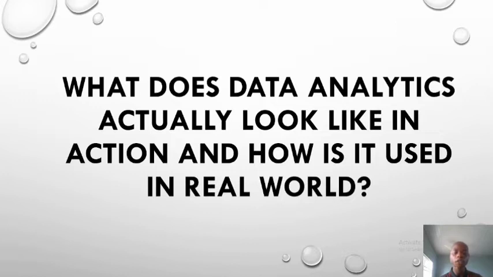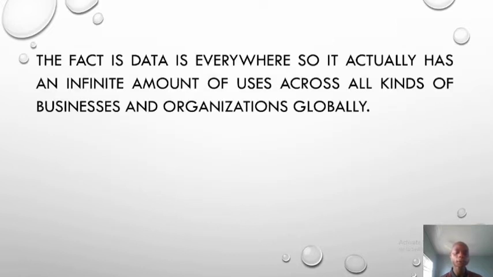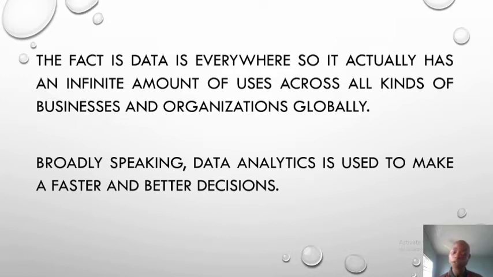What does data analytics actually look like in action, and how is it used in the real world? The fact is, data is everywhere, so it has an infinite number of uses across all kinds of businesses and organizations globally. Broadly speaking, data analytics is used to make faster and better decisions.